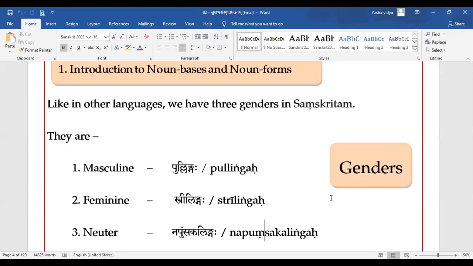If the shabda is feminine gender, then the namapadam derived from it must be feminine. If the shabda is neuter gender, then the namapadam derived from it must be neuter. So, whatever the gender of the shabda is, that will be the gender of the namapadam, because namapadams are derived from shabda. So, a shabda has gender.